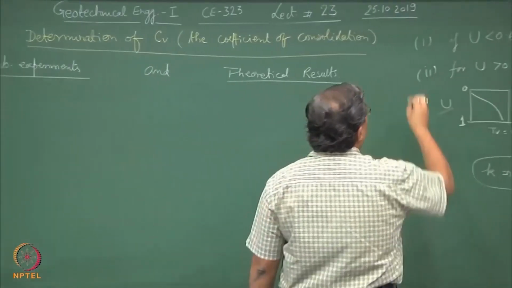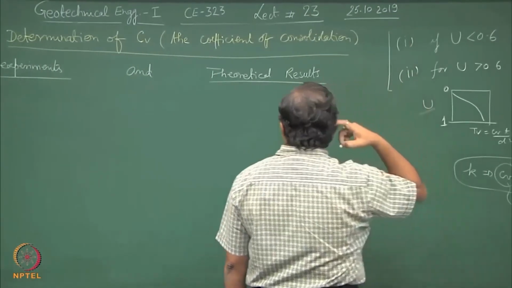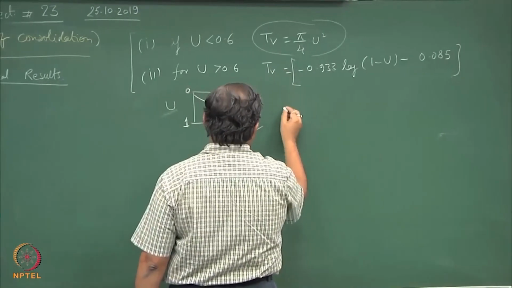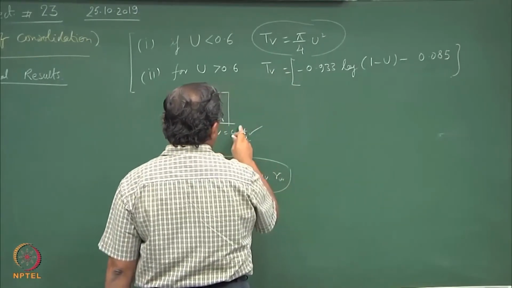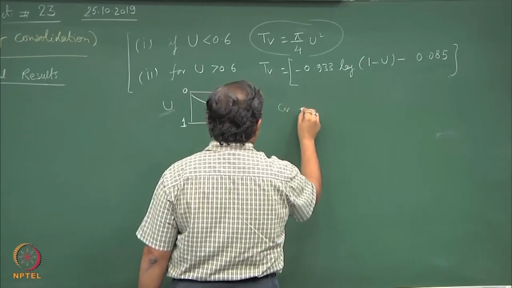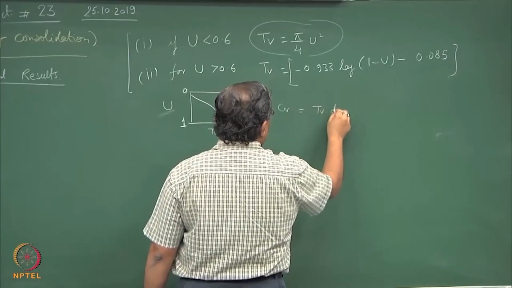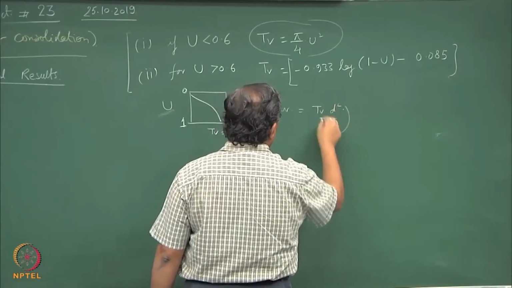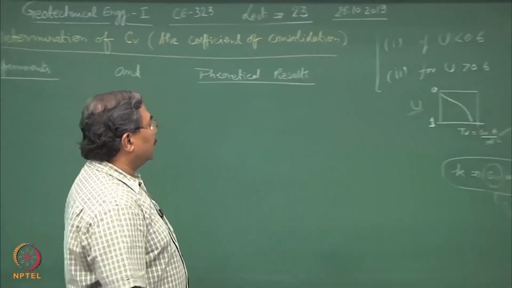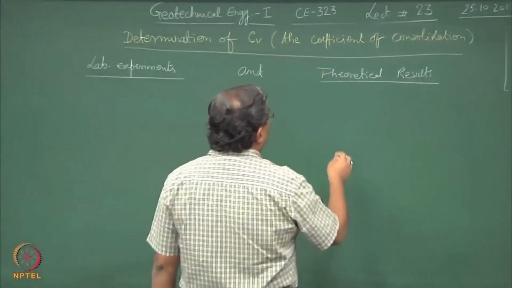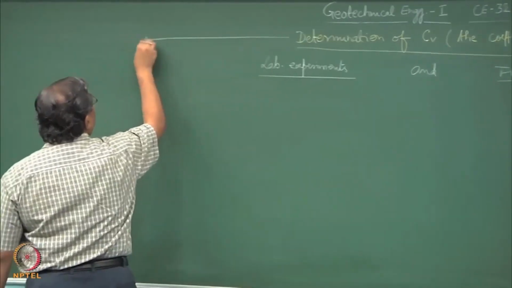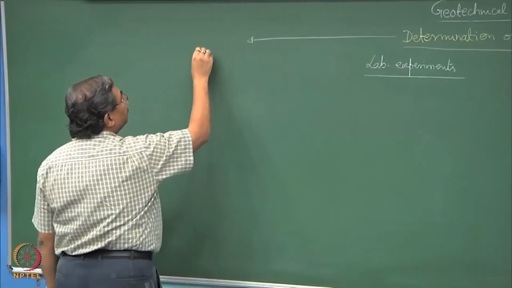Now, what we observe from here is that degree of consolidation depends upon the time factor TV, and TV is linked with the coefficient of consolidation. So, we can say that CV equal to TV into D square upon T. Now, in real life, there are two ways of determination of CV.